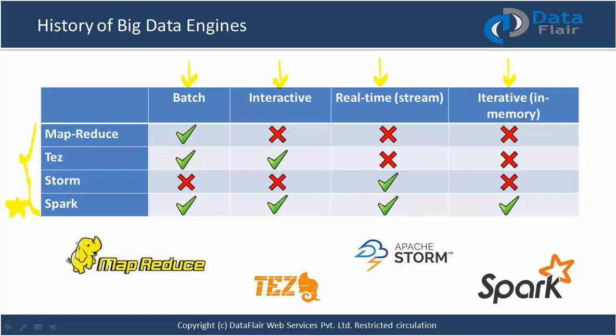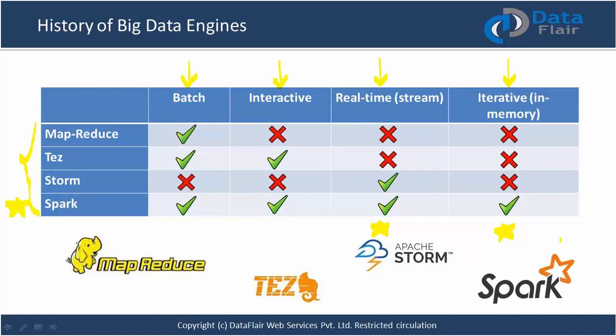Now here comes the specialty of Spark: real-time analytics, stream analytics. Spark provides a streaming interface. Spark provides iterative. Spark is pretty much one of the best solutions for iterative analysis, for in-memory analytics.